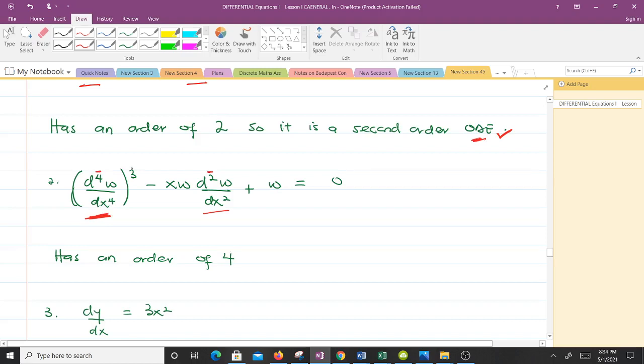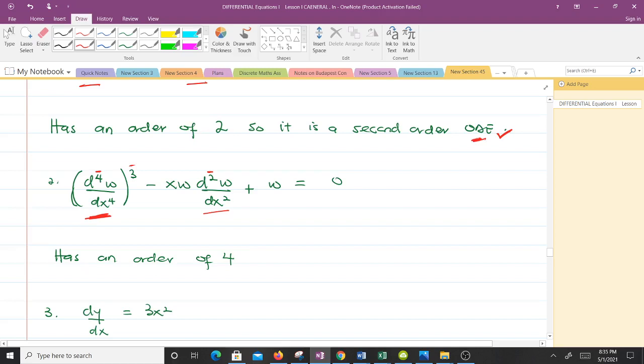Please don't try and multiply this 3. Don't multiply it here, okay? This 3 also has another importance. We can also classify a differential equation based on that, and that's what we call the degree. And we will learn that one after learning the classification by order. So never try to multiply it and say that it is 12 or something like that. No.